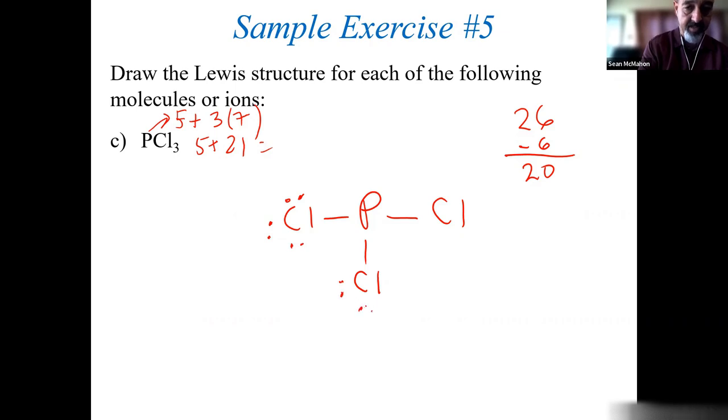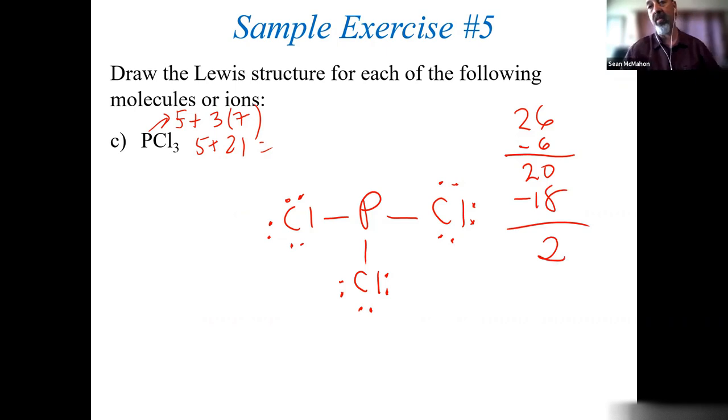I'm going to use 8, 10, 12, 14, 16, 18. I've used 18, but wait, 2 remain. What do I do with the remaining 2? I put them on the central atom. And what I notice is now my central atom, phosphorus, has an octet as well because it has 3 bonds. That's 3 times 2 is 6, plus 1 lone pair. That makes 8. It has an octet. And I'm done with phosphorus trichloride.